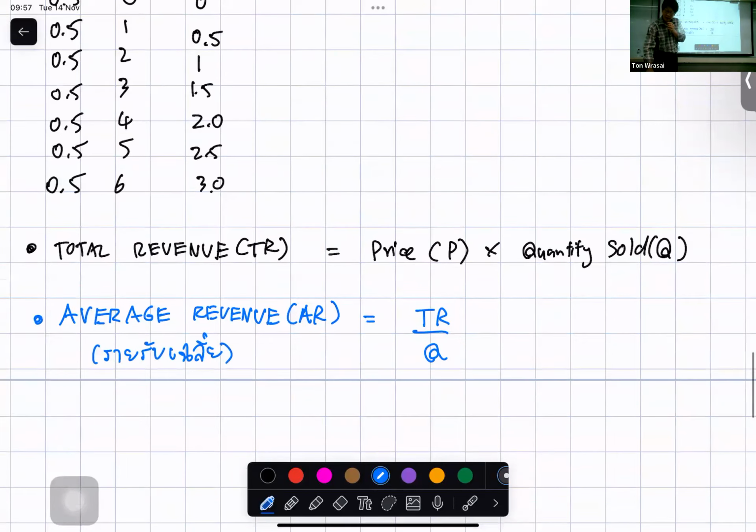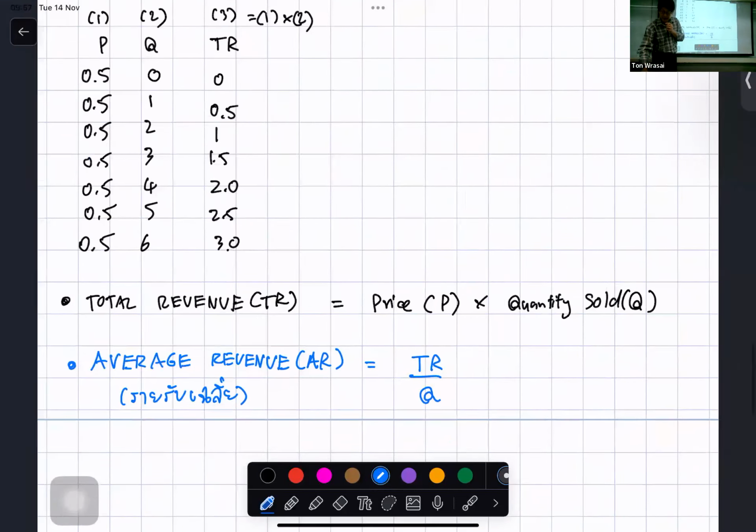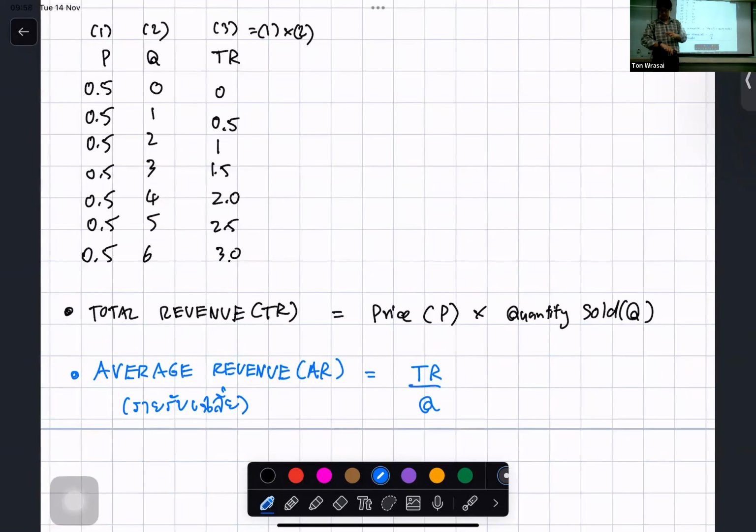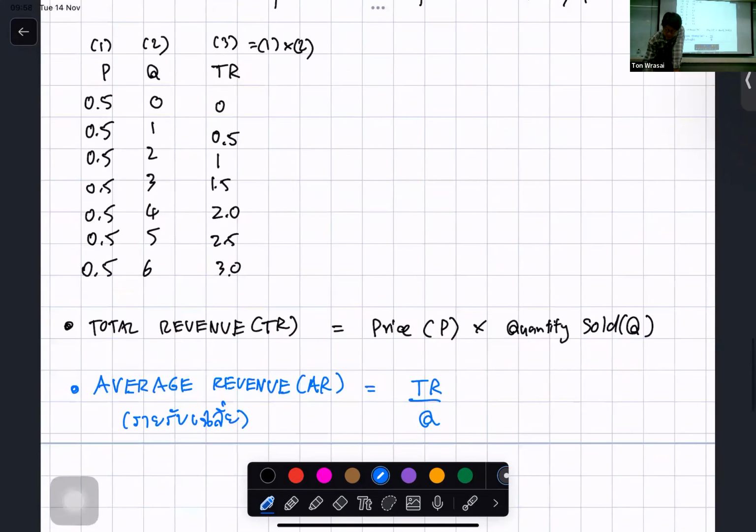We have TR, we have Q already. Column 4, AR, average revenue, comes from column 3 divided by column 2, TR divided by Q.